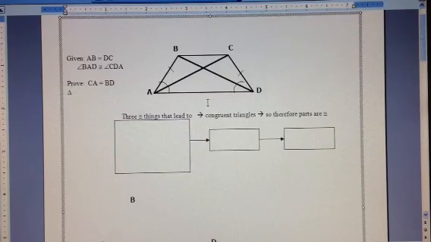And the idea is to try to prove that the two diagonals here, CA and BD, are congruent to each other. And since those sides are parts of these larger triangles, the triangle BDA and triangle CAD, what we're really working with is those two triangles.